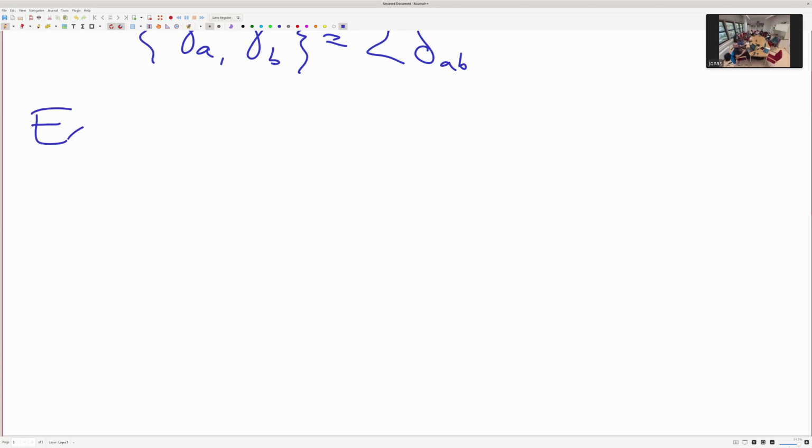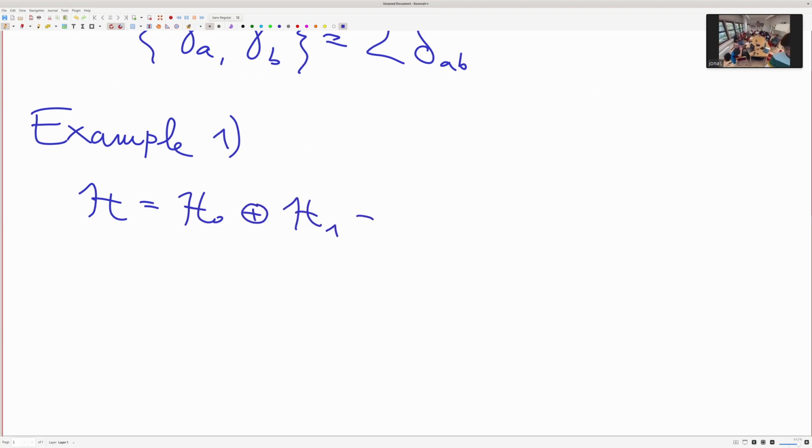say example 1, was antisymmetric wave functions. So here we introduce the Hilbert space as the direct sum of Hilbert spaces of wave functions of a different number of particles. So we had a sector with 0 particles and then a sector with 1 particle.